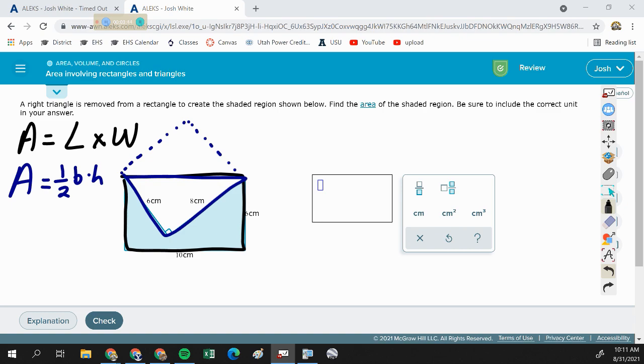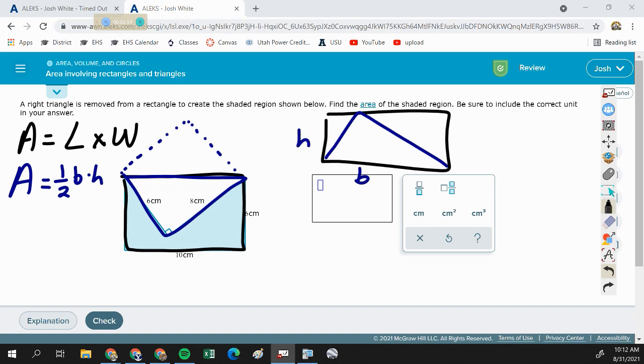Now the weird thing is, if you had a rectangle like this with a triangle that looked like that, so this is base and this is height, is that triangle still half of the rectangle? Yes, and you can see it if I do this. That is half of the left rectangle, and this is half of the right rectangle.